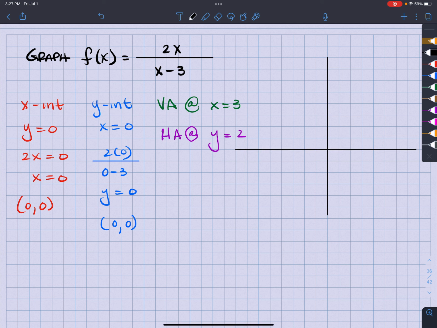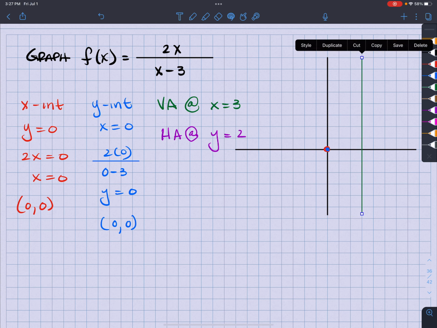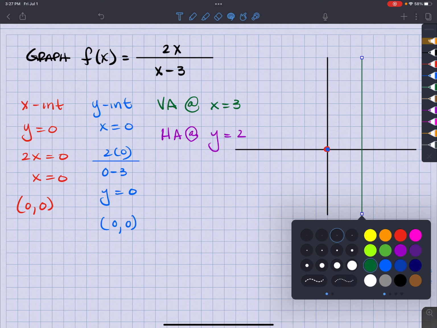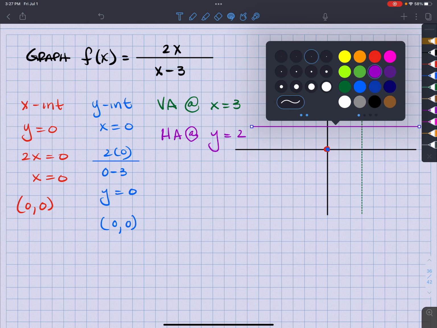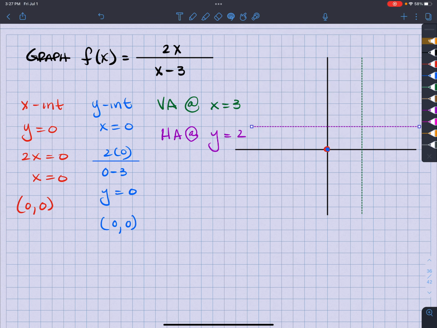All right, so I have my x- and y-intercept both at (0, 0). My vertical asymptote is at x equals 3. My horizontal asymptote is at y equals 2. There we go.